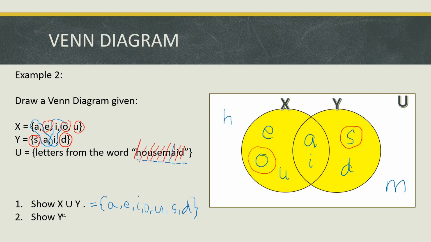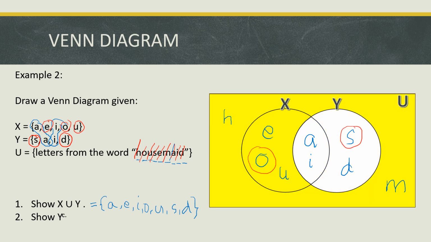How about the second one? Let's show the complement of set Y. The complement of set Y are all the elements that belong to the universal set but not in the circle Y. So if we show it using the Venn diagram, it will look like this.